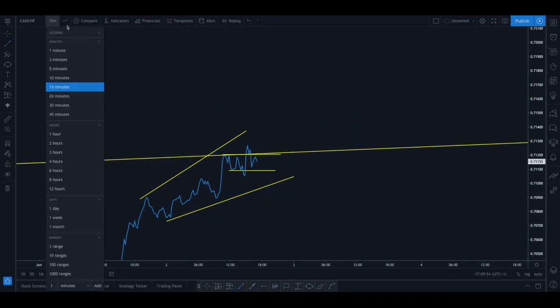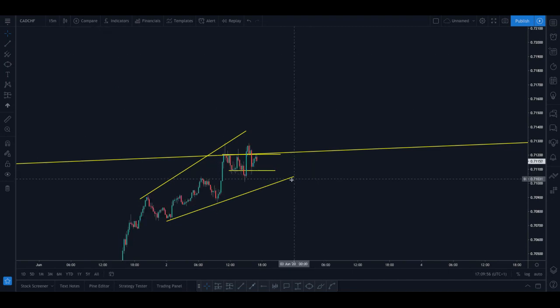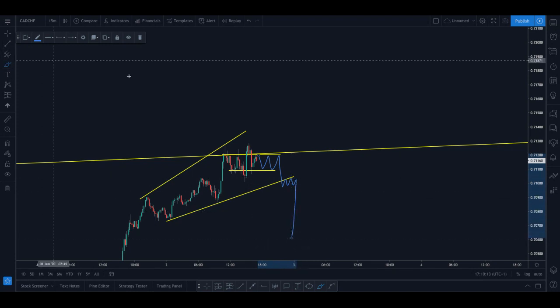I'll switch this back to candles. You can see price is consolidating. We do expect price to continue consolidating. Once we get a break, look for the retest. A nice flat correction before the drop.